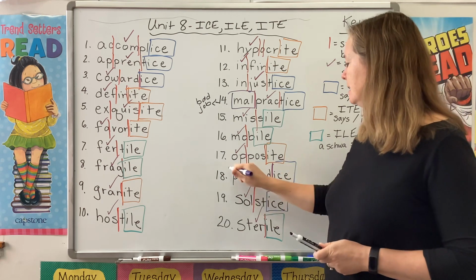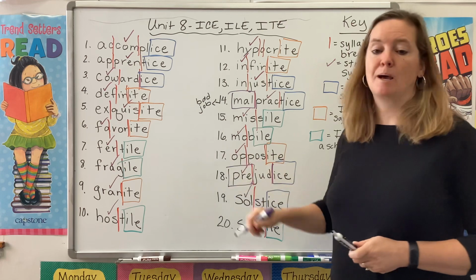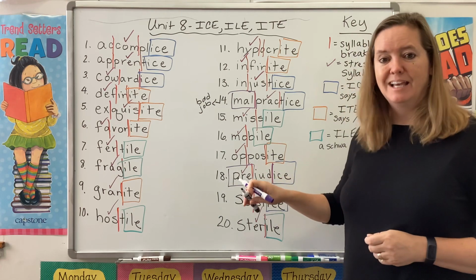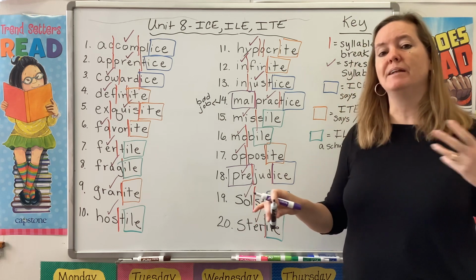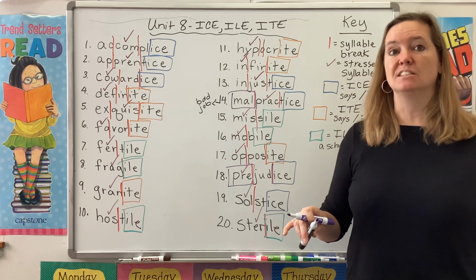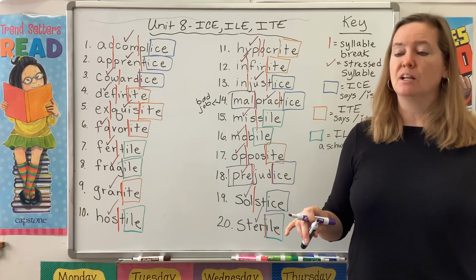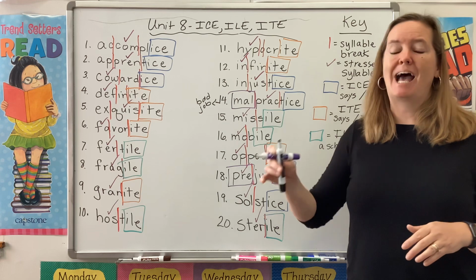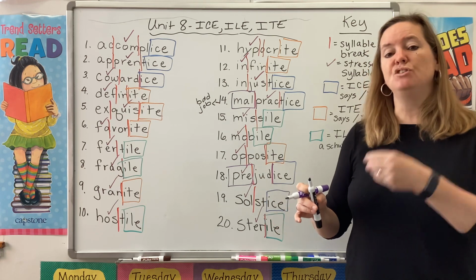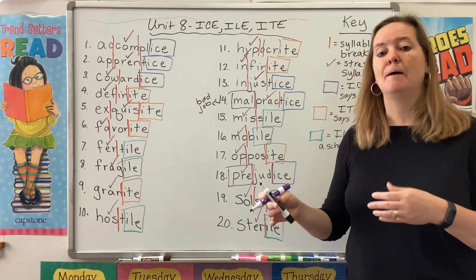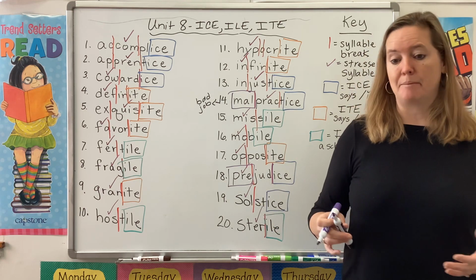And they can get in trouble for that. Pre means before. So prejudice is when you judge someone before you even meet them. So if you're prejudiced against a certain type of person, or even if you're prejudiced against a certain type of activity, it's because you've already judged that type of person or that type of activity before you meet them, right?